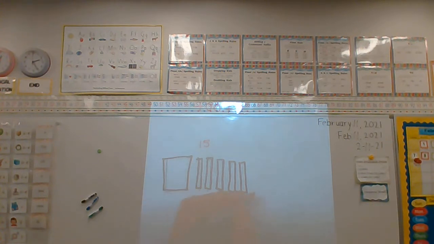No. If there are no units, we have to put a 0 to hold that spot until a unit shows up. So this picture shows 150, not 15. So how would we write that in expanded form? We're going to write the 100 plus 50. Are we done? We are, because look, no units.